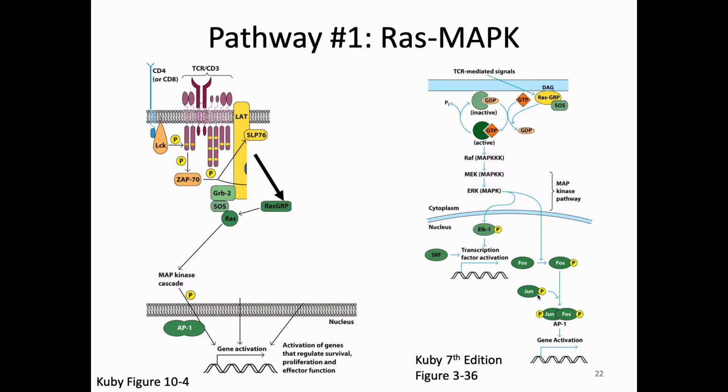So in the case of T cell signaling, the MAPKKK is called RAF. The MAPKK is called MEK. The MAPK is called ERK. And the MAP kinase substrate is called FOS.